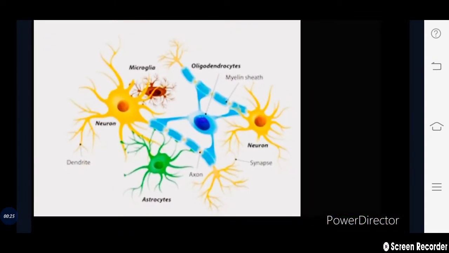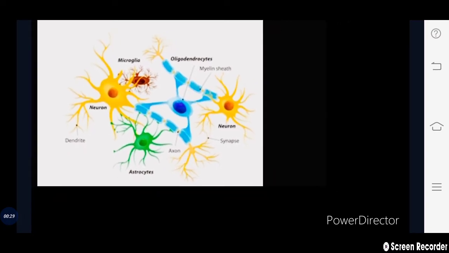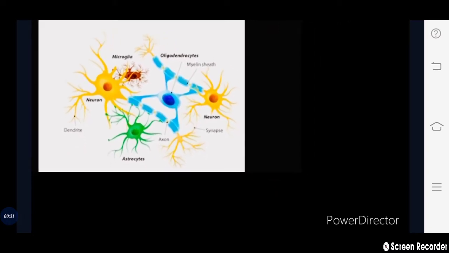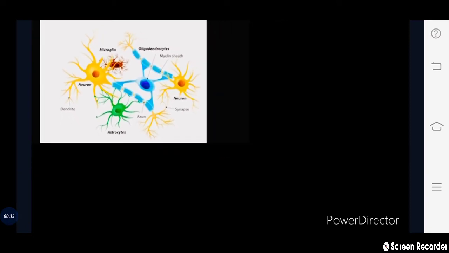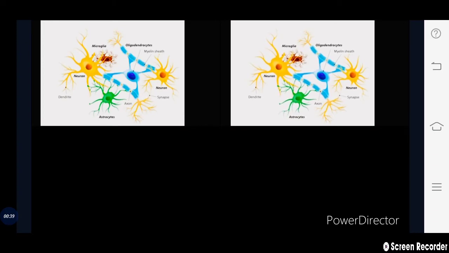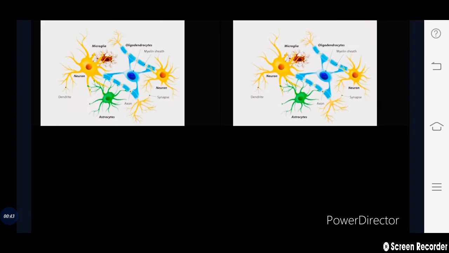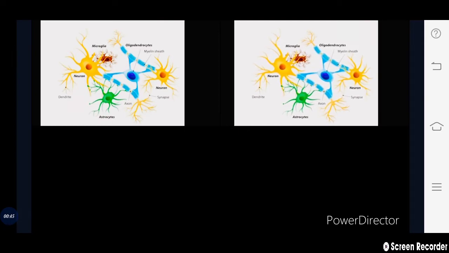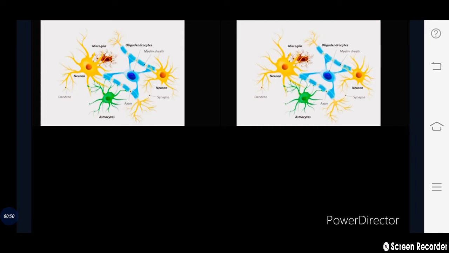In the last video we have already studied the structure of the neuron, that is the nerve cell. Now we shall study the second type of cells which form the nervous tissue, and that is the neuroglial cells or the glial cells.